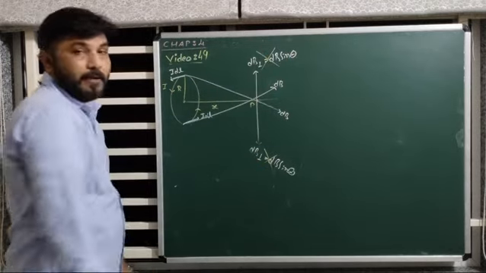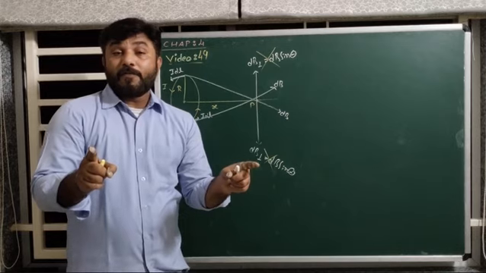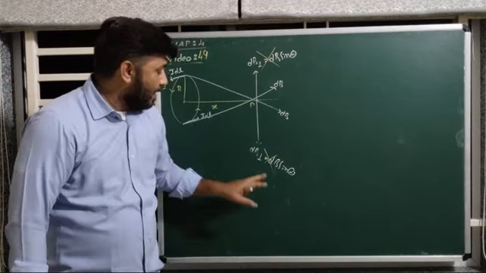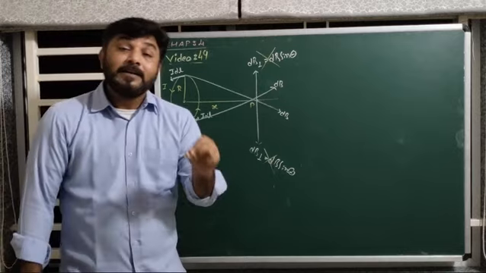At point P, the magnetic field due to dB perpendicular is 0.